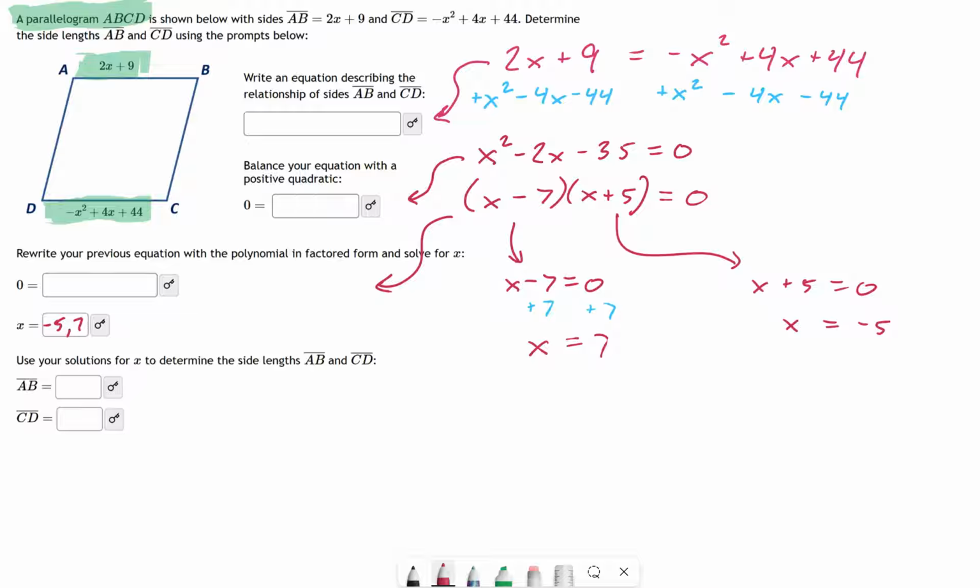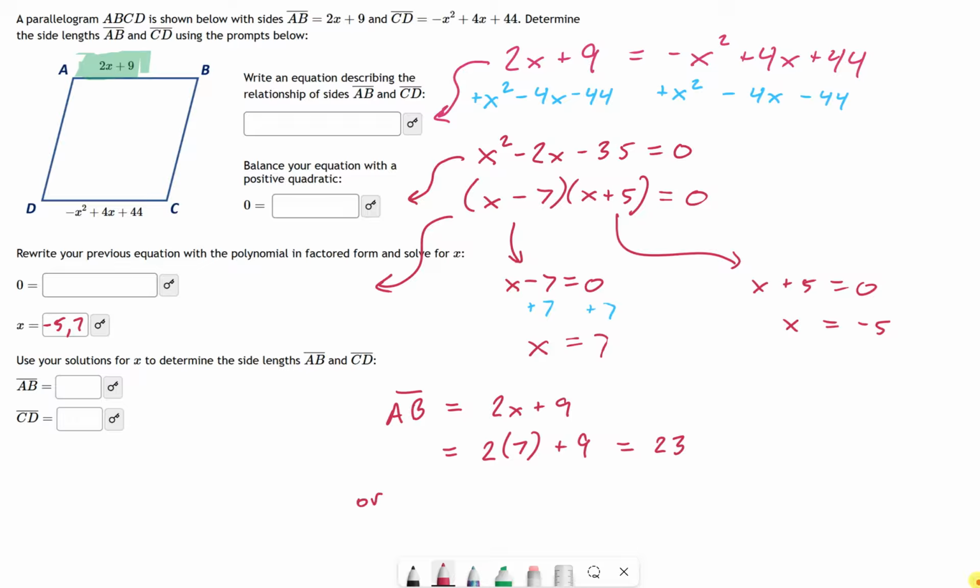Now, you can't be sure that both of these answers are correct. You really can't be sure that any answer is correct unless you actually plug it back into the shape. And I'm going to plug it back into the highlighted side right here because that's such an easy side. I'm going to say that my side AB is equal to 2x plus 9. Well, what's x? I don't know. x could be 7, like we're seeing right here, in which case 2 times 7 plus 9 gives you 23.